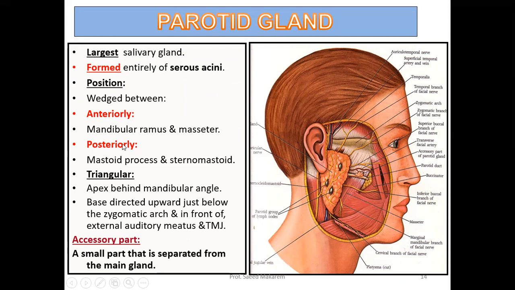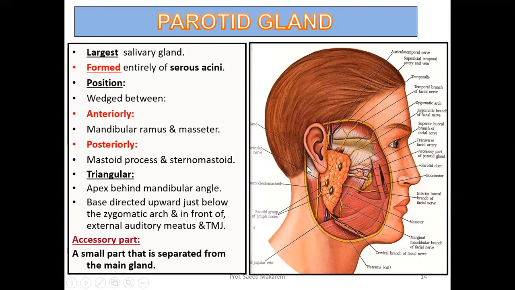Then we have, posteriorly, the mastoid process. So behind will be the mastoid process as well as the sternomastoid muscle. So this is the sternomastoid muscle, and here there will be a process called the mastoid process, where the sternocleidomastoid muscle is attached.